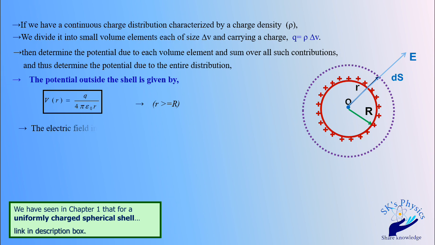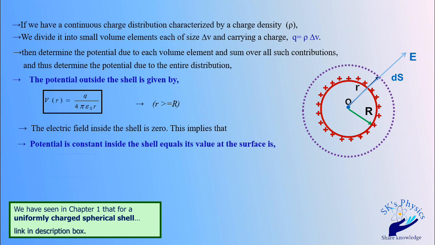The electric field inside the shell is 0. This implies that potential is constant inside the shell and equals its value at the surface, that is V of r is equal to Q upon 4 pi epsilon 0 capital R, where r is less than capital R.